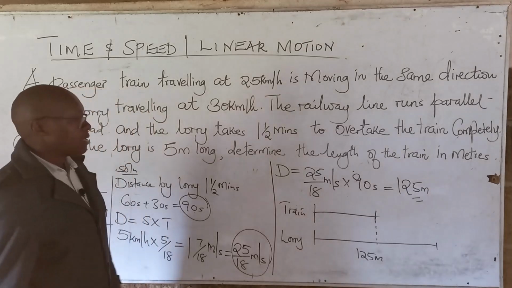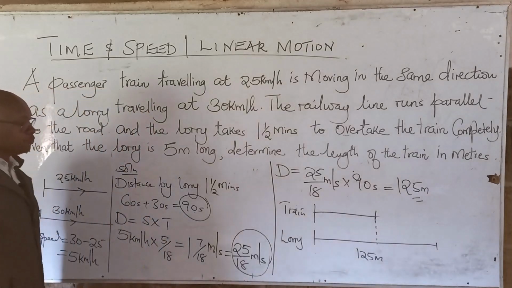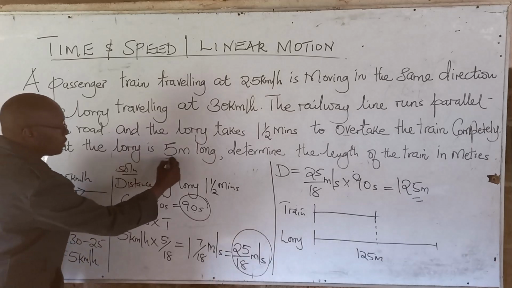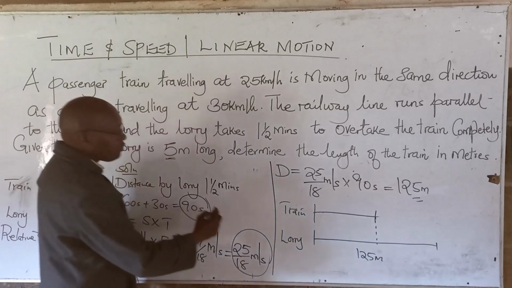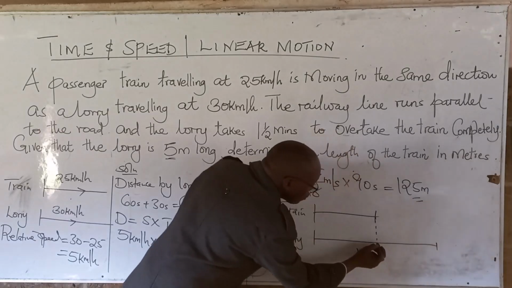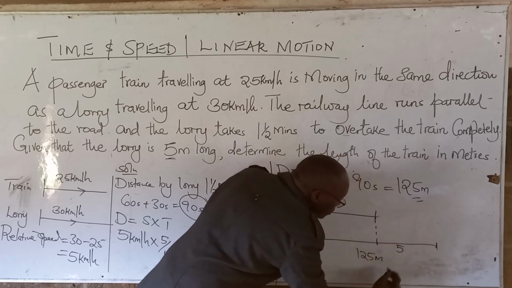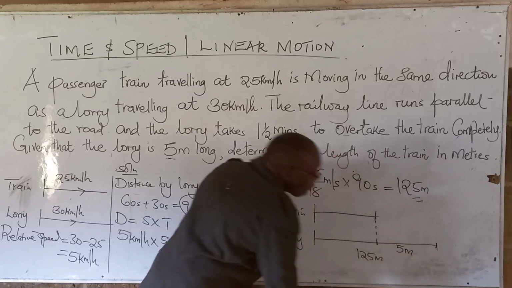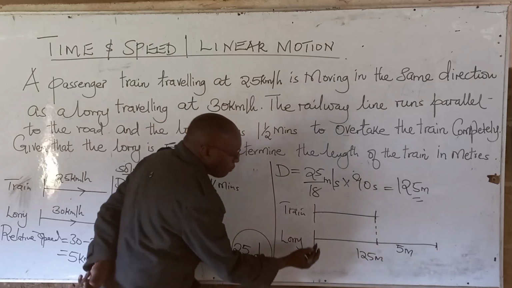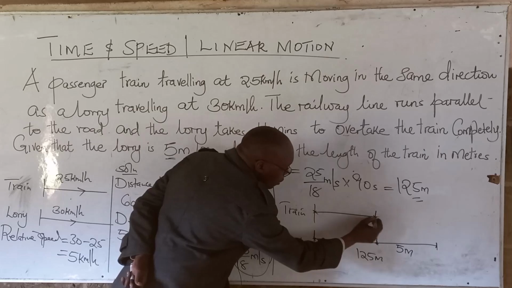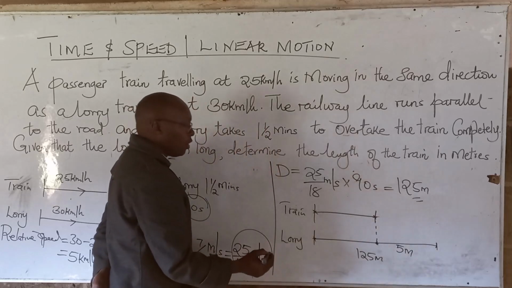And then the length of the lorry is given as 5 meters. So since this is the point of overtaking, from this point of overtaking to the last one, this will be the length of the lorry, which is 5 meters. And so this length from this point to this point will be the same from this point to this point, which will be the length of the train.